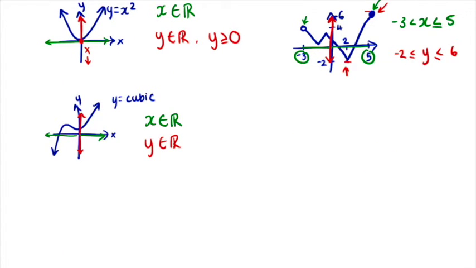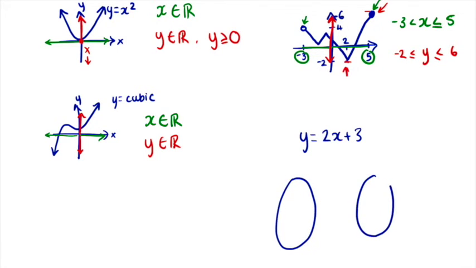Another way to look at the domain and the range is if we do a mapping diagram. So for example, for the function y is equal to 2x plus 3, we can say that we have a domain and then we can look at the range. So for a domain of, for example, 0, 1, 2 and 3, this is my domain, which we know is the x value.